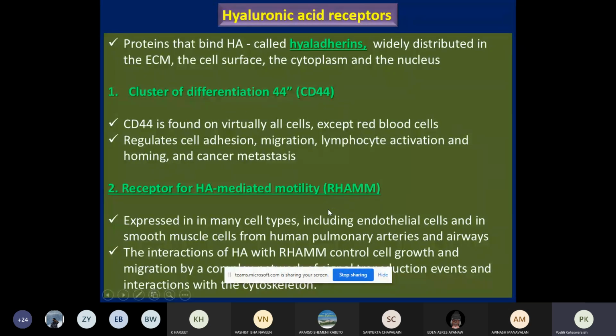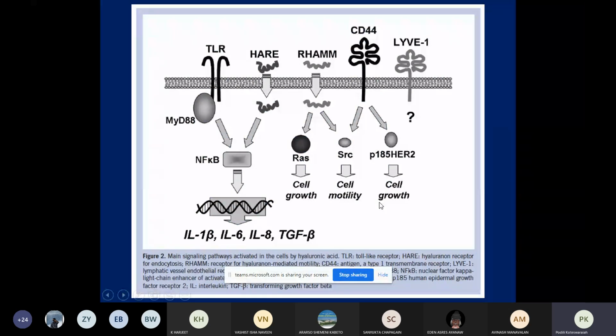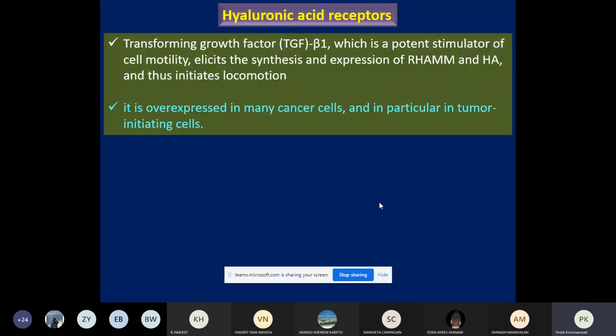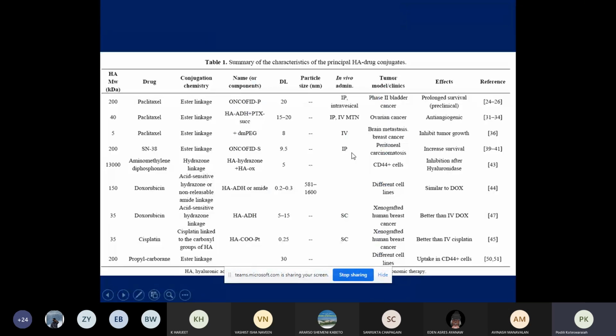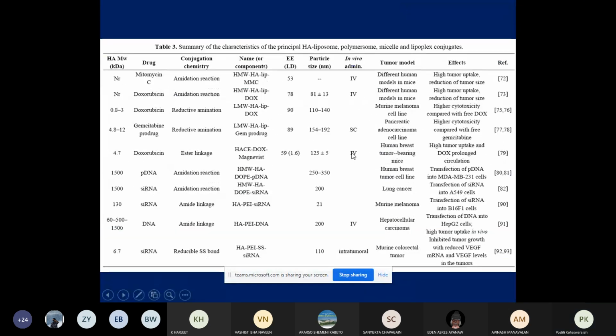One is CD44, and the second is the receptor for hyaluronic acid mediated motility. The receptor concentration as well as the hyaluronic acid concentration is very low in normal cells, and it is overexpressed in many cancerous tissues, which in turn promotes tumor metastasis.